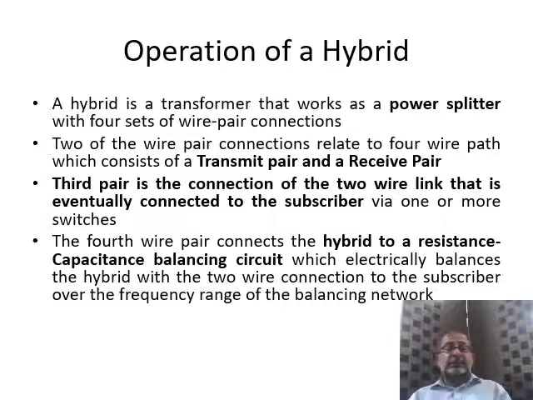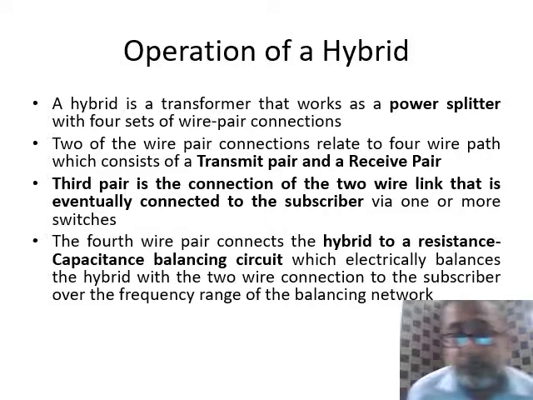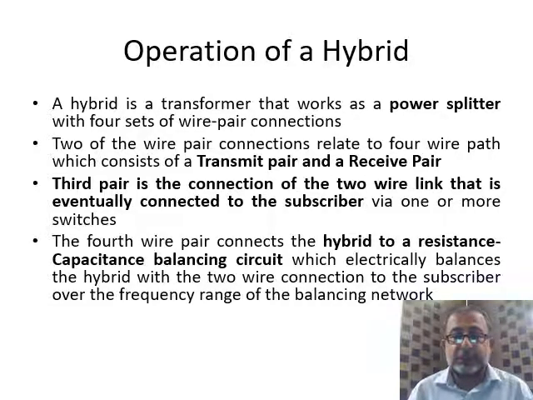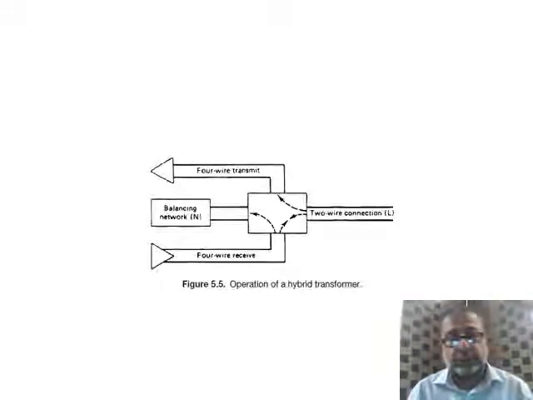Now how does that work? A hybrid is a transformer that works as a power splitter for the four sets of wire pair connections. Two of the wire pair connections relate to the four-wire path, which consists of the transmit pair and the receive pair, as we have also already told. So we can move forward. We've talked about it; here it is given in a more elaborate form.